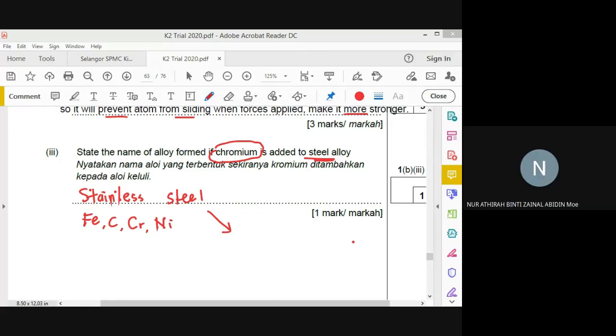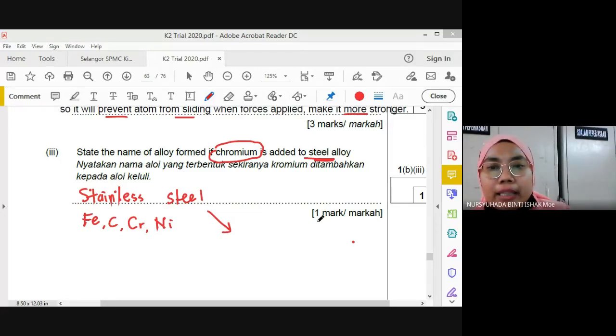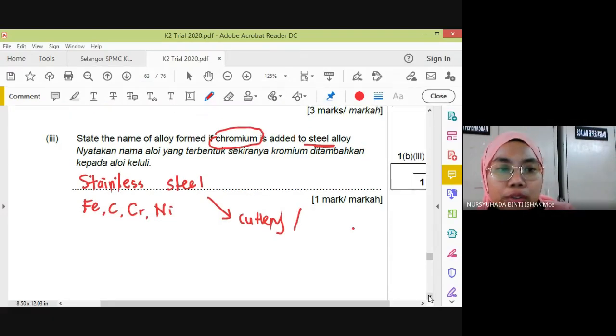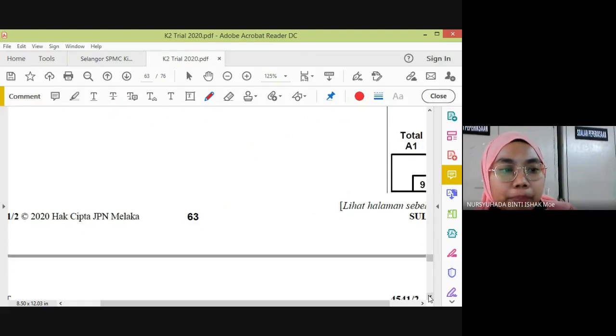Sudu garfu. Pandai. Okey, buat cutlery dan juga boleh juga buat alatan-alatan pembedahan. Okey. Kerana apa? Because stainless steel ni dia tidak berkarat. Dia tak corrode.